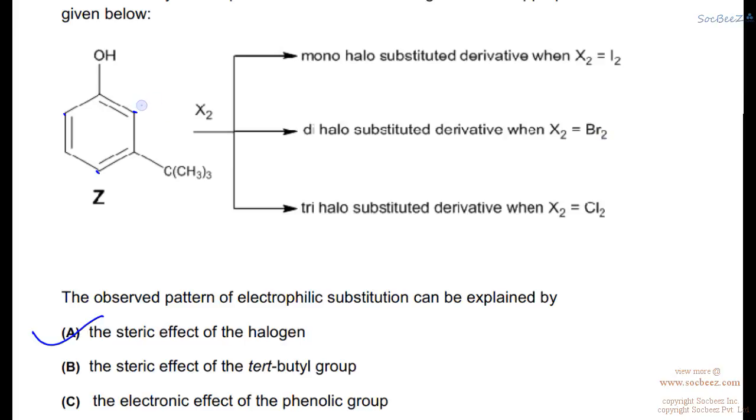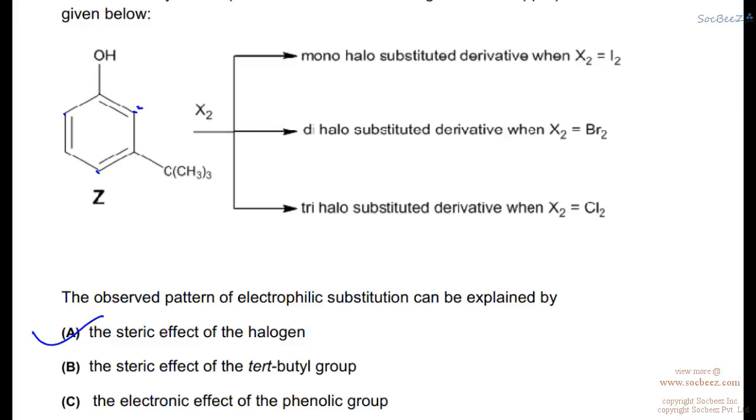For Br2, this position is extremely restricted because of the presence of OH and COCH3. Because of steric hindrance, this position is not favorable for Br2, and for I2, this position as well as this position are both not favorable. So the substitution occurs only at the ortho position.